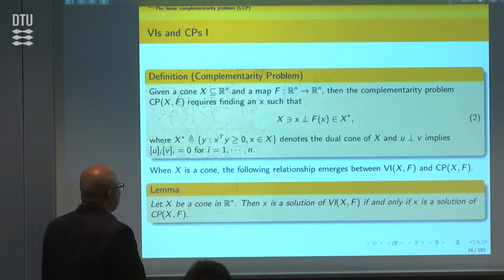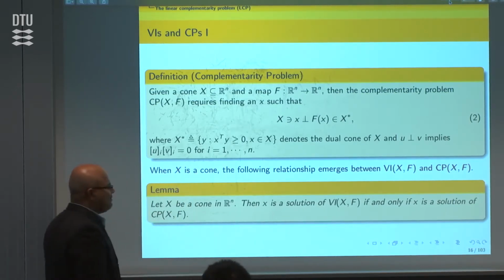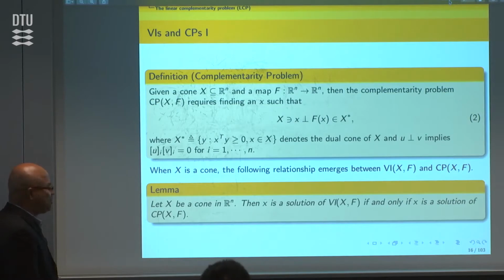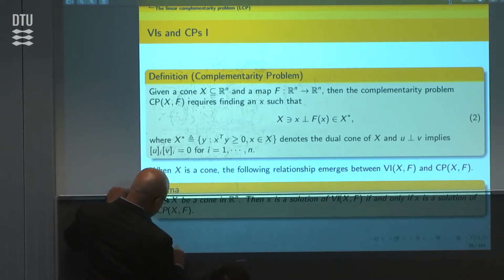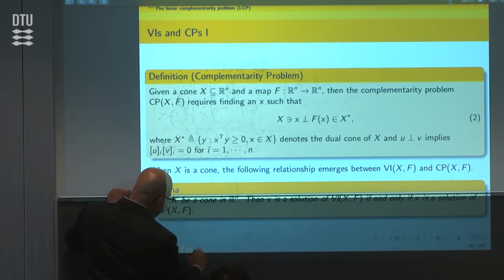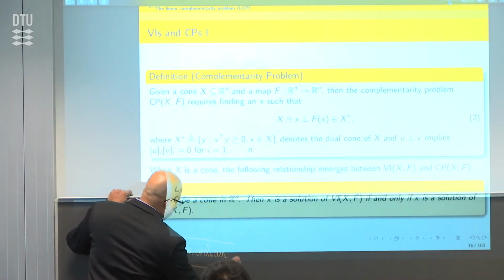So let X be a cone in Rn. Then x is a solution of VI(X, F) if and only if x is a solution of CP(X, F). This is a result by Karamardian in '63, or '65, I can't remember. It's a very simple result to prove, but a very important result.